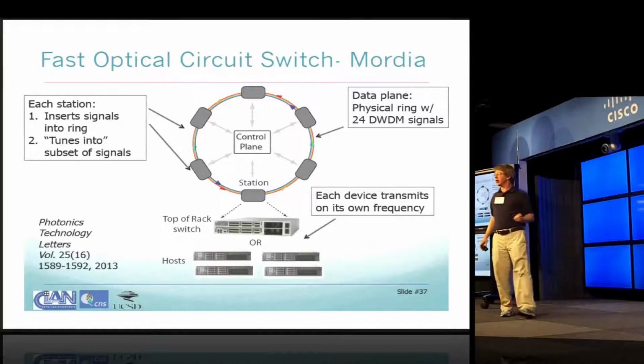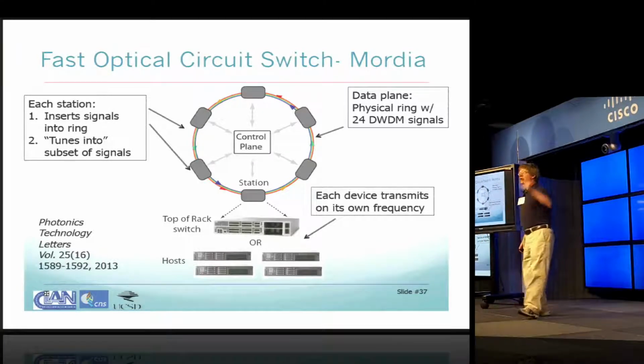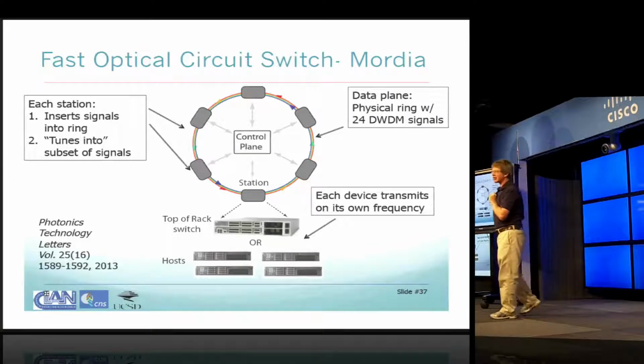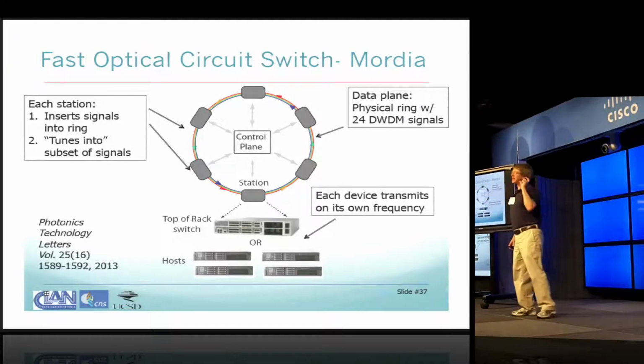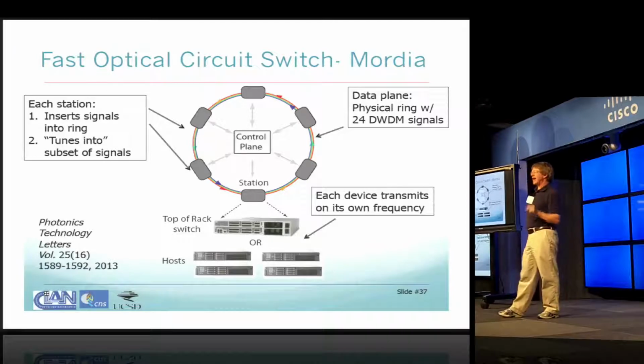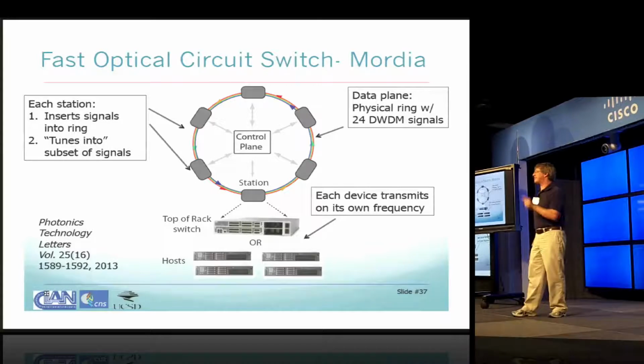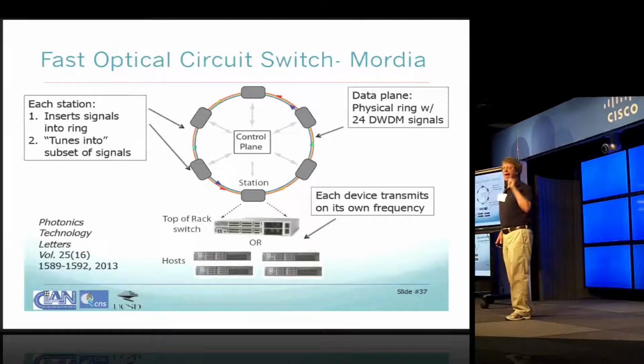Each of those 6 nodes has 4 end hosts. 24 wavelengths come in to each node. There's something called a wavelength selective switch. It takes those 24 wavelengths and selects a subset, any subset, of 4 wavelengths out of those 24 and routes them to the end host.